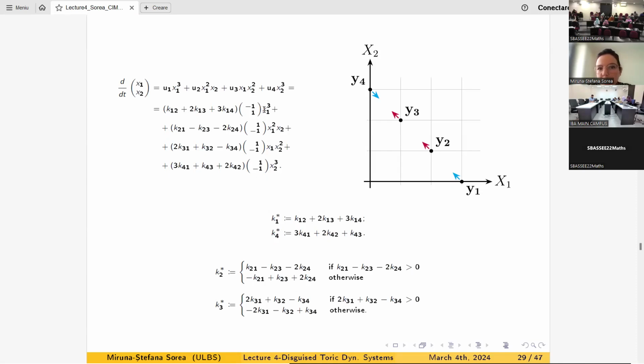We just grouped them according to their source. This is the first step, just grouping them according to their source. But then, since we obtained just 4 vectors, this one, minus 1, 1, 1, minus 1, well, for the first one and the last one, we know exactly their direction.